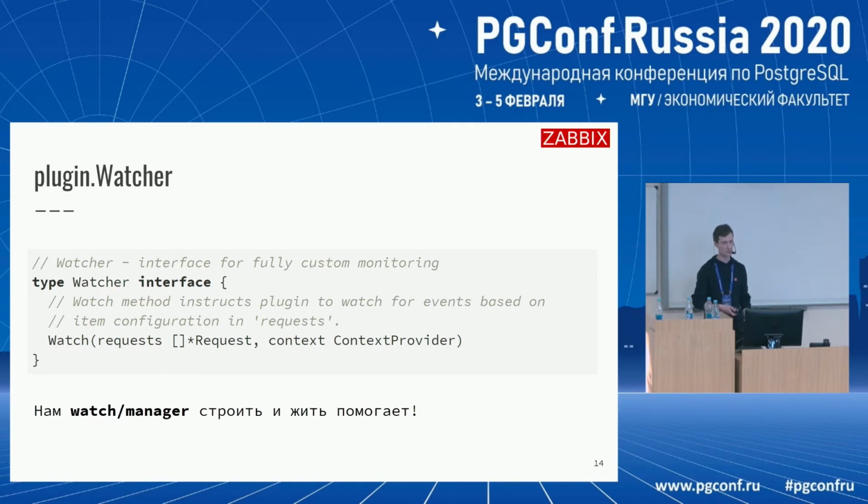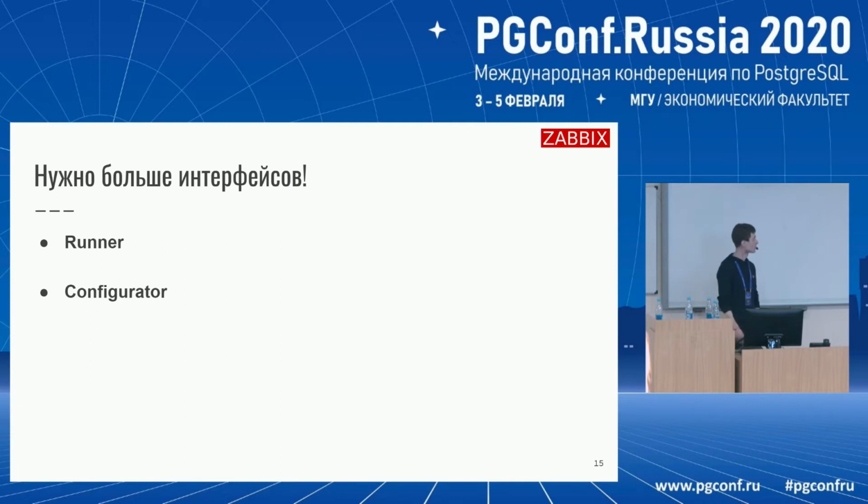You can monitor log files, or you can listen to ports. If you have decided to use this interface, you can use the Watch Manager embedded package that will make your life easier to monitor subscriptions and event sources. We don't have much time to talk about this in detail, but I will give you a link so you could do it on your own.